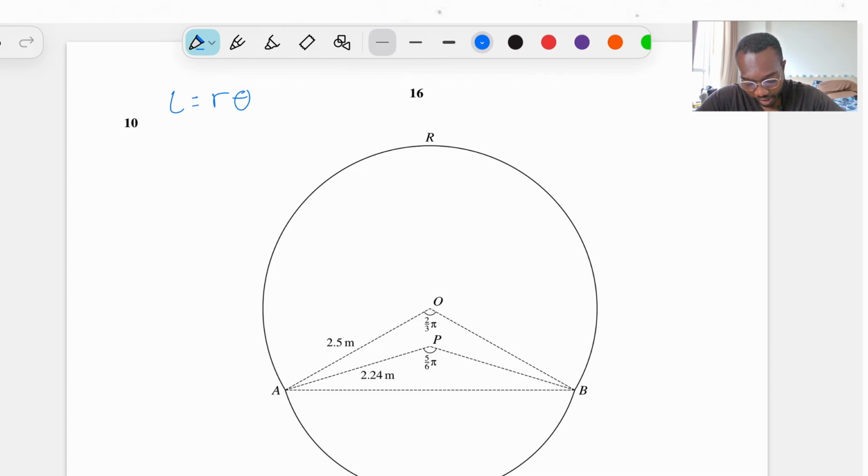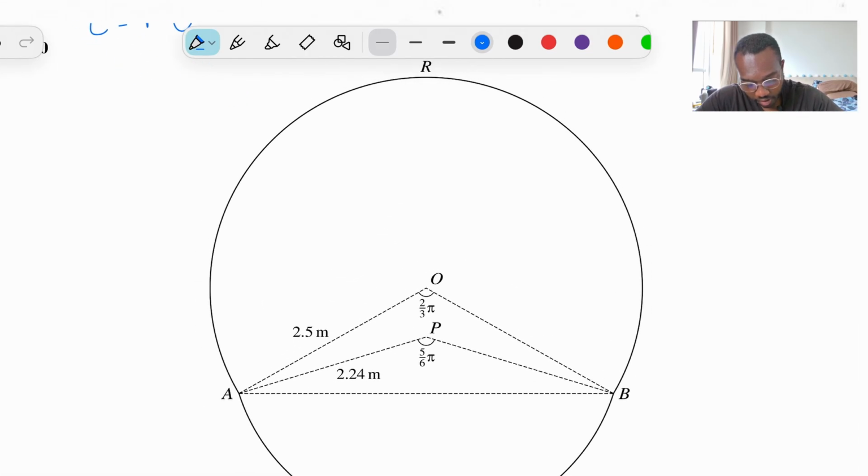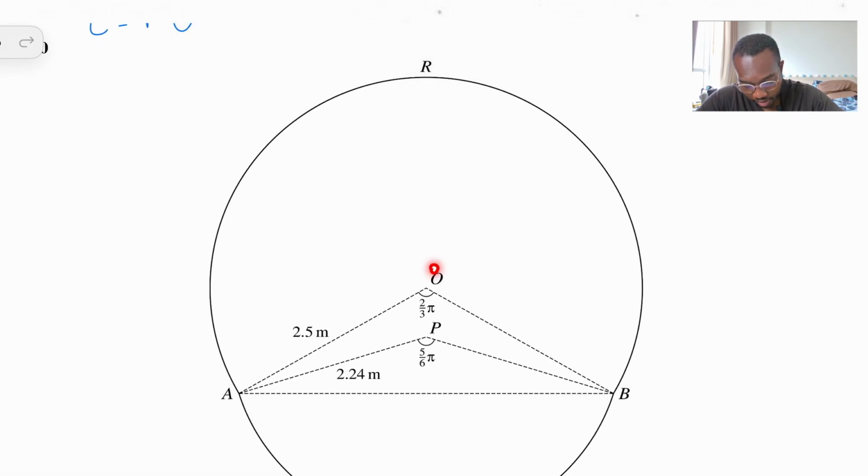Now, one small note is this angle here. Right now we know that this is 2 over 3 pi. But if we're looking at the arc length for RAB or OARB, it's actually going to be this other angle we want, which is fine.